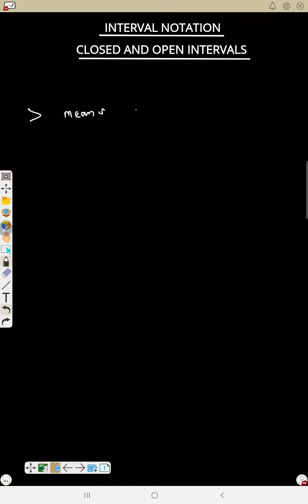This symbol means greater than. This one means less than. This one means greater than or equal to.